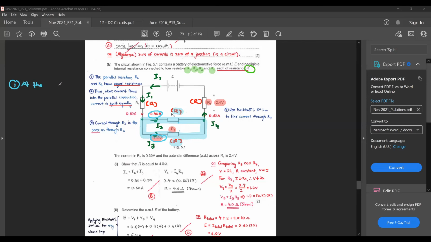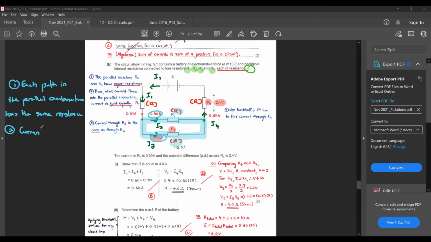At the parallel combination, each path in the parallel combination has the same resistance.